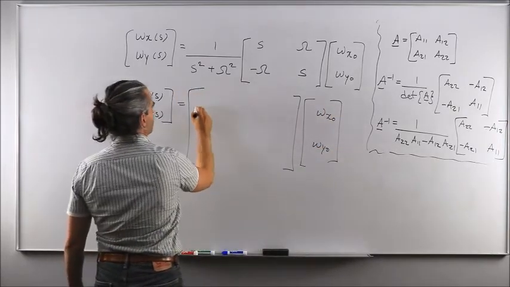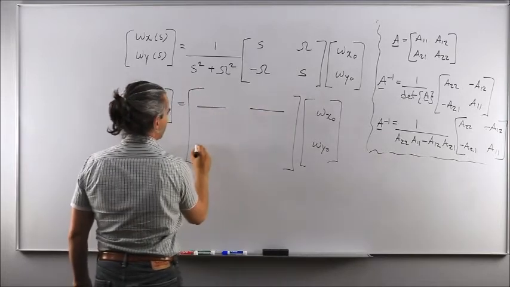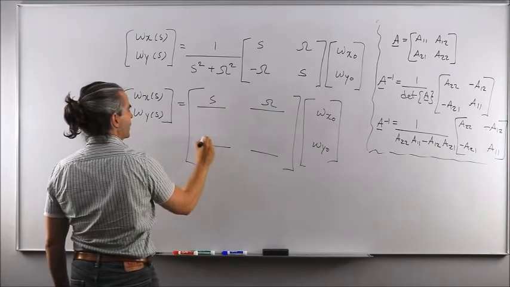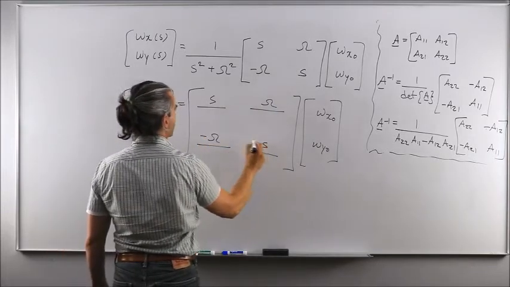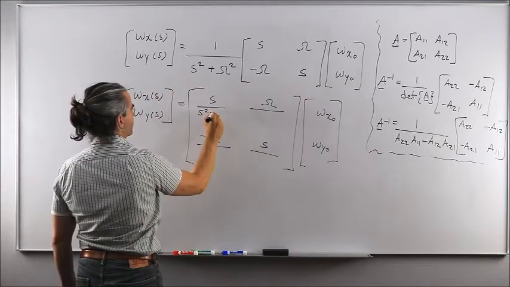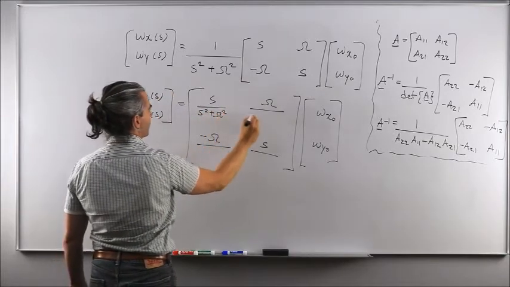This 2 by 2 will be 4 fractions. S, relative spin rate, minus relative spin rate and S. And the denominator will be for all these terms the same, which is S squared plus relative spin rate squared.